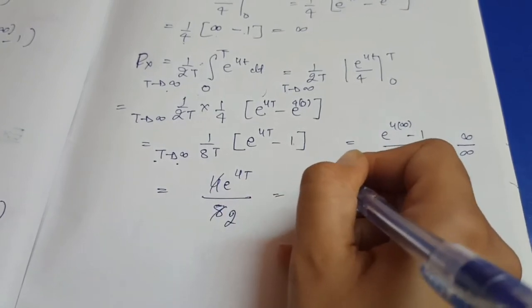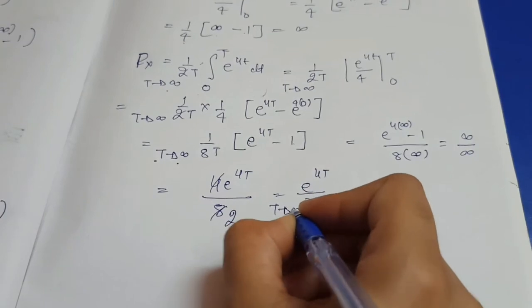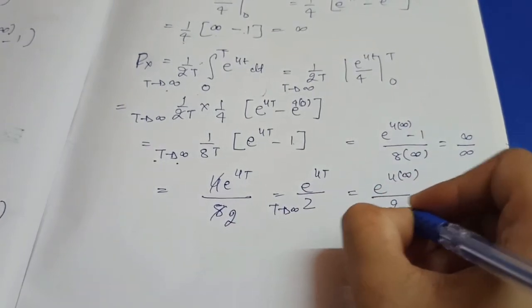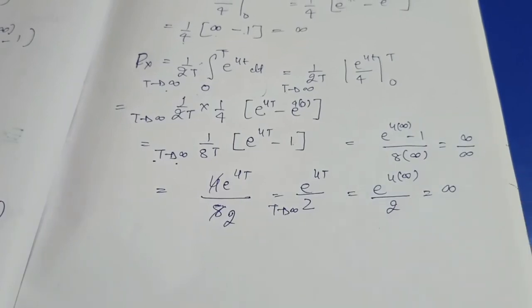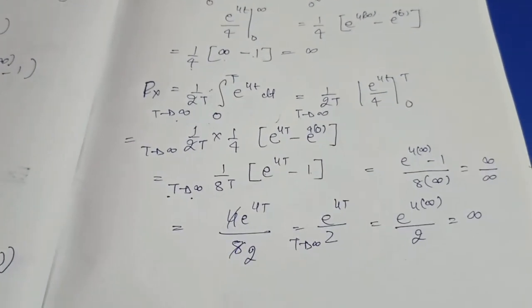Now substitute t approaches infinity, it comes out to be infinity. So here this is the third case in which the energy of the signal is infinite as well as the power of the signal is infinite.